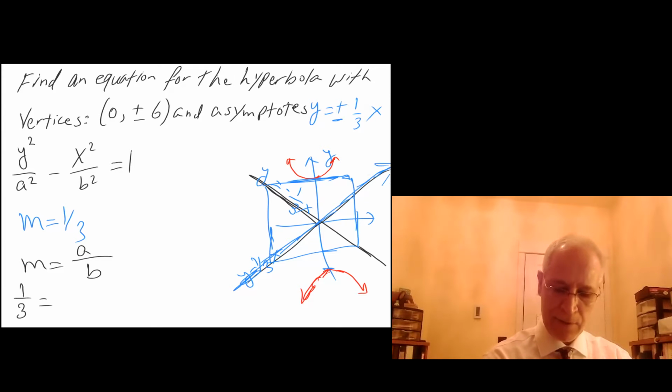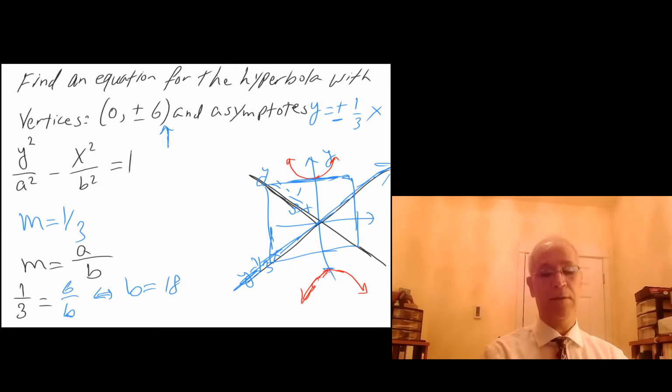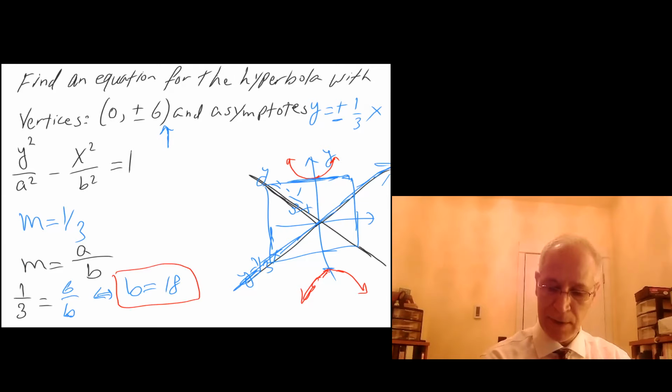Look at here. The value of a is 6. It's given to me. So 6 over b. And from here, if I solve for b, I get b equals 18.